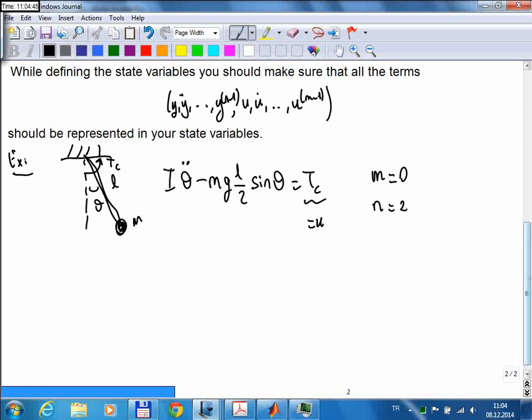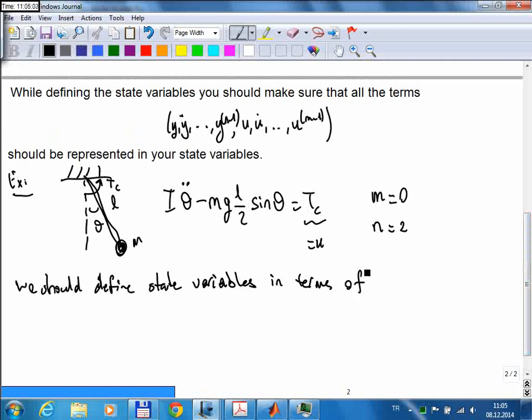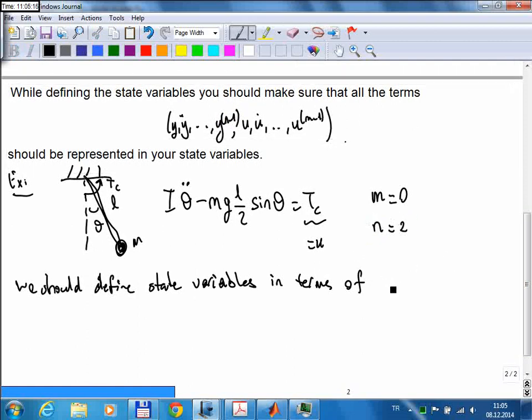Okay, so if you consider what I wrote before and look at this example, then we should define in terms of what? We should consider the output variables up to the n minus first derivative, but since n is equal to 2, we should go to the first derivative. So that means we should define the state variables in terms of y and y dot. And we have m is equal to 0.